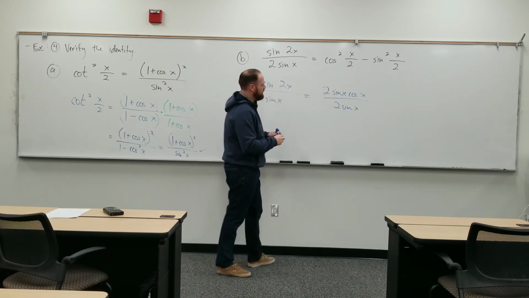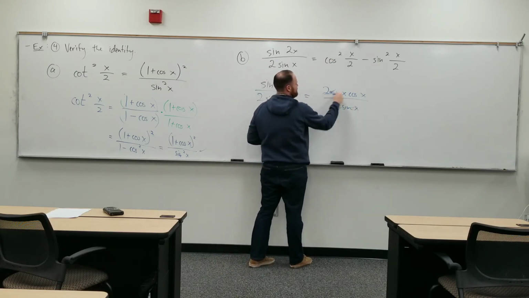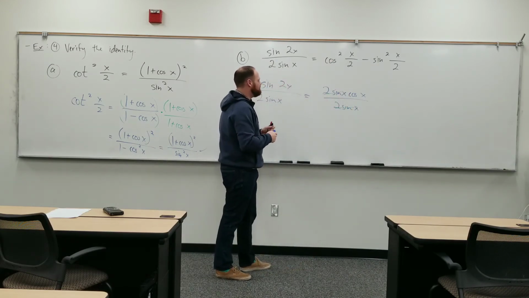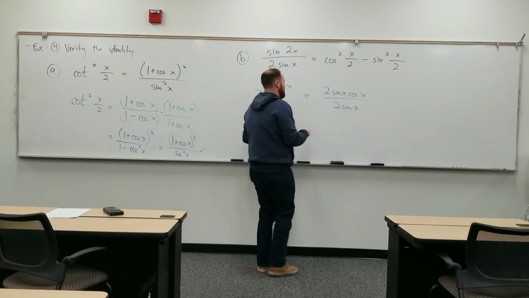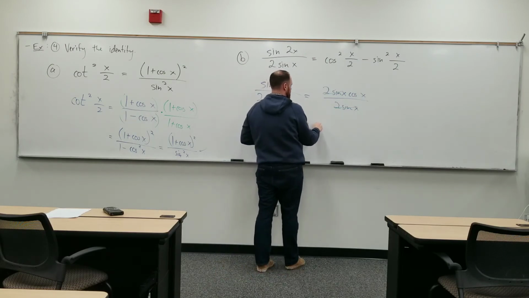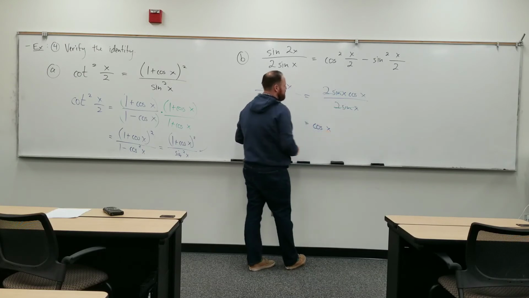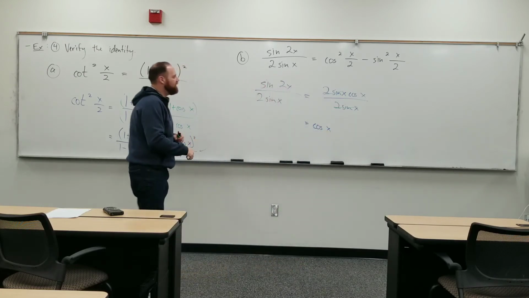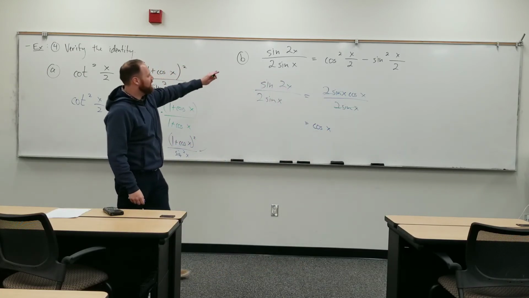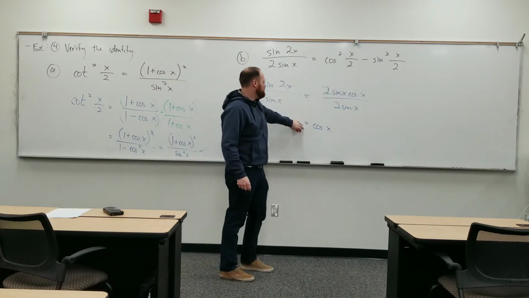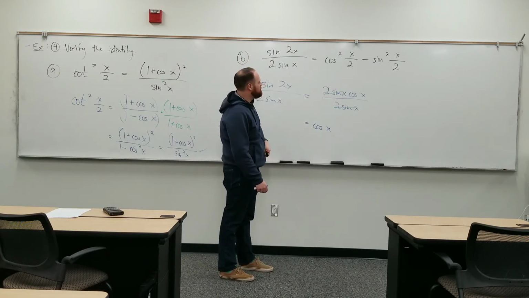And that's really nice because the 2 sine x parts just cancel. And I end up with cosine x. So the left-hand side of this equation just simplifies down to cosine x.